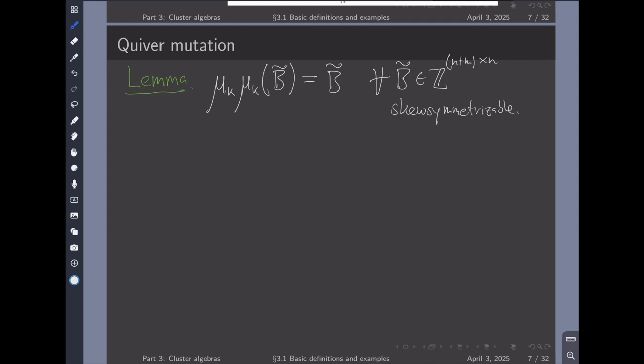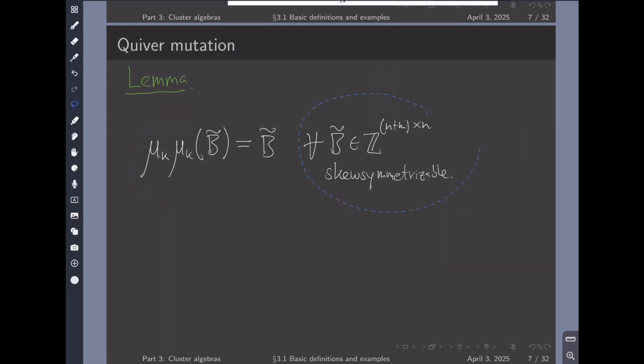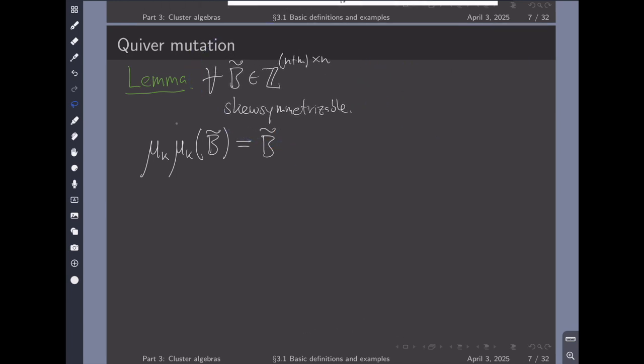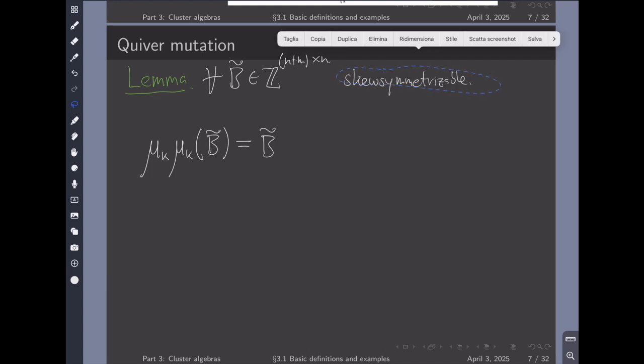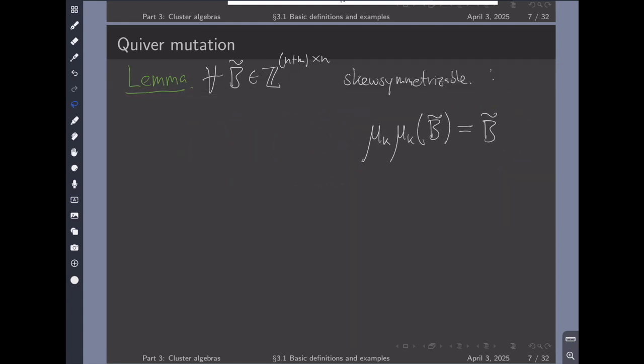Another question is, okay, but is mu k b tilde skew symmetrizable? That's also the case, and this is very easy to check. So let me rearrange this. For every skew symmetrizable matrix b tilde, one has that mu k b tilde is skew symmetrizable, with the same skew symmetrizer.